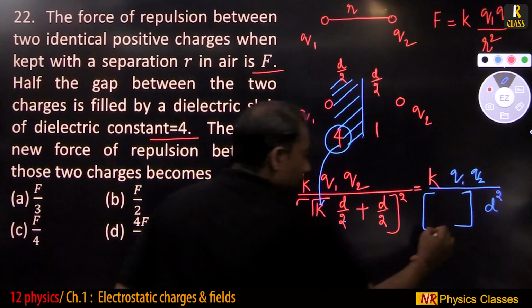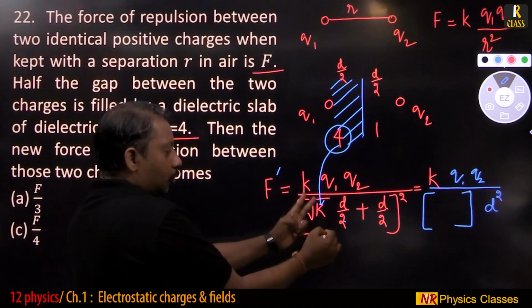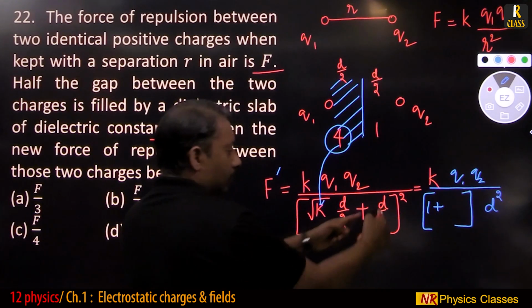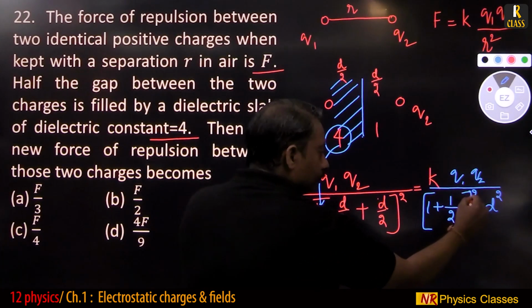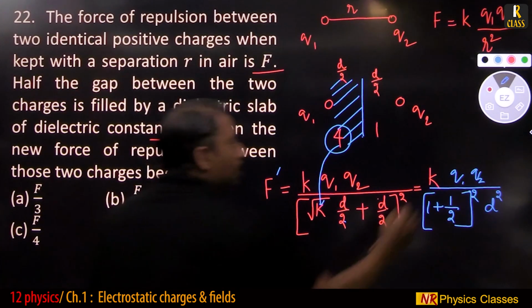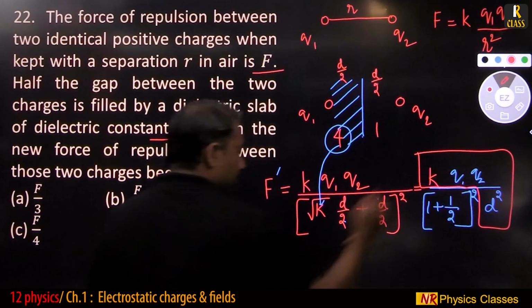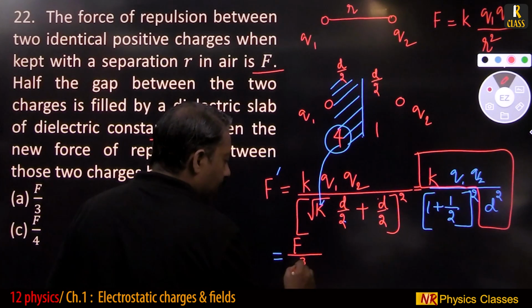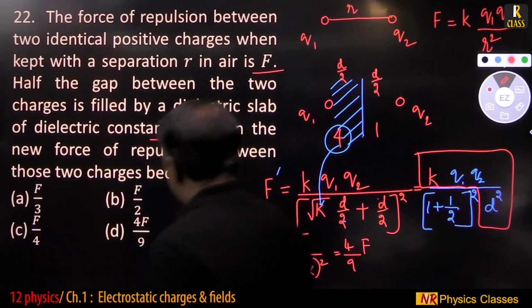Remaining is this 4 here, it becomes root 4, 2 by 2, 1 plus 1 by 2, 1 by 2, and its square equals, this whole thing is force in air, isn't it? So force in air divided by 1 plus 1 by 2 is 3 by 2 square. So this is 4 by 9 times F.